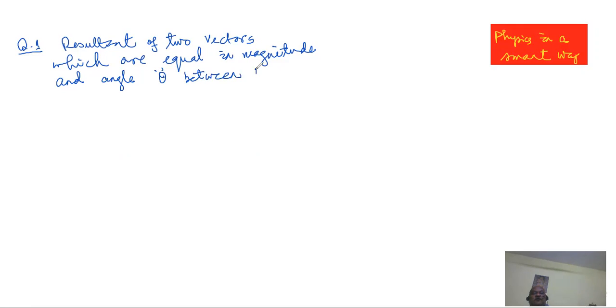So we are interested in finding the resultant of two vectors, maybe A, B, or C, or P, or Q, whatever it is, they are equal in magnitude.